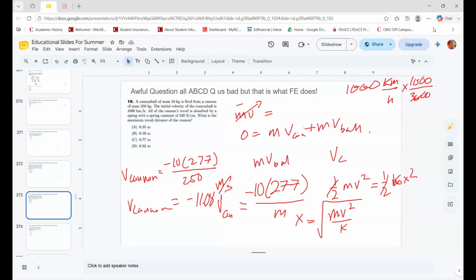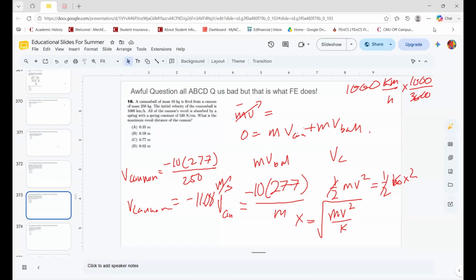Yeah, that sounds right to me. I think I just made some kind of mistake. 1,000 divided by 3,600, yeah, I got negative 11, and then negative 11 goes in here, squared. The mass is 250 for the cannon, and the 1/2 gets deleted. Yeah, that sounds about right. What did I do?